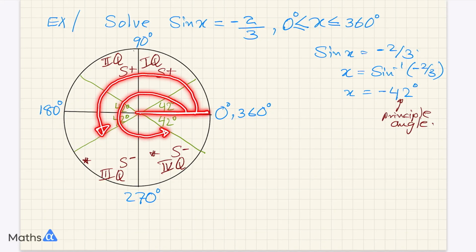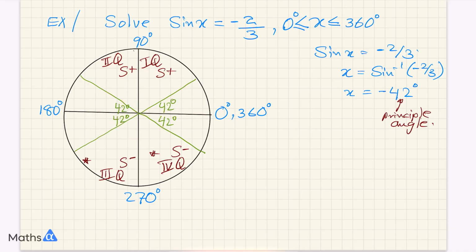We need to read these two angles. Okay, let's do that. So I have this angle, right? We can read that it's going to be 180 plus 42, and we can get this angle.